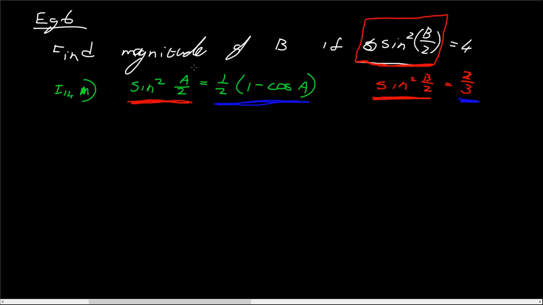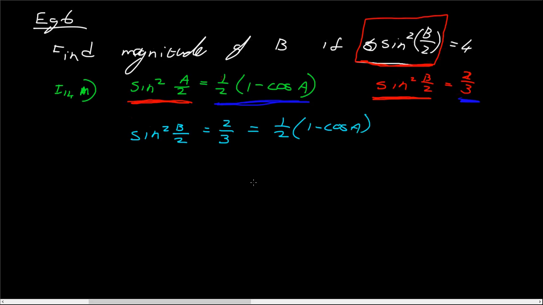We also know that sine squared b over 2, or a over 2, is equal to 1/2 of 1 minus cos a. So what we can draw from this is that sine squared b over 2 is equal to 2 over 3, which is also equal to 1/2 of 1 minus cos a.